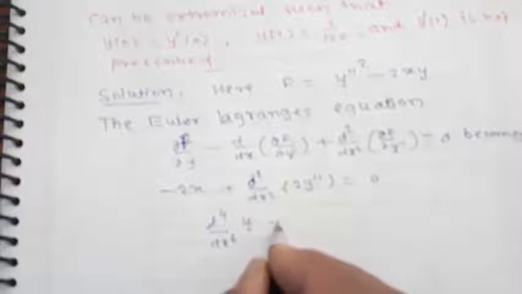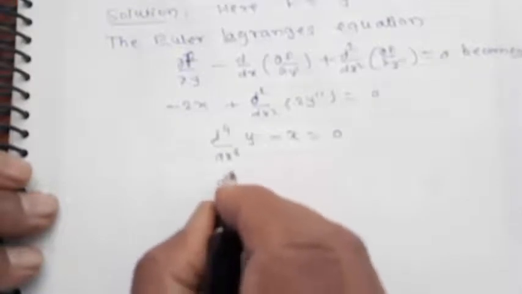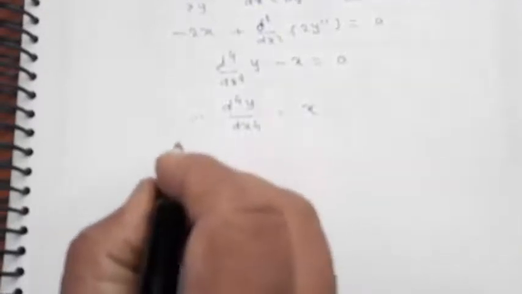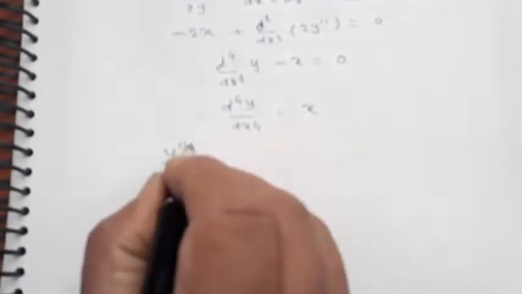That is nothing but d raised to 4 by dx raised to 4 of y minus x equal to 0. This equation can be written as d raised to 4y by dx raised to 4 equal to x. Integrating this successively, we get y triple dash equal to x square by 2 plus a.